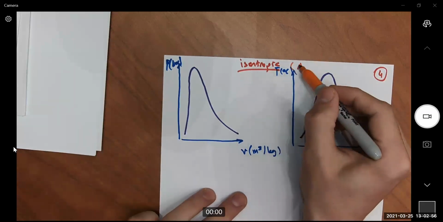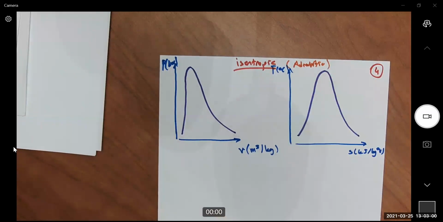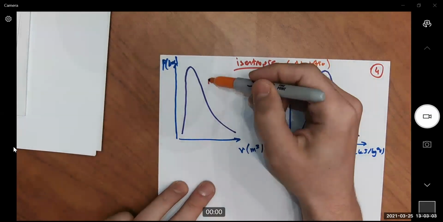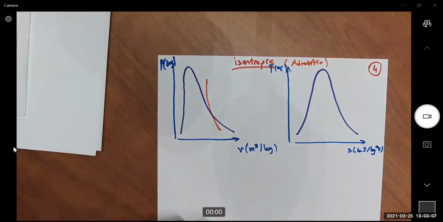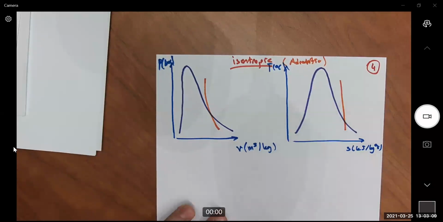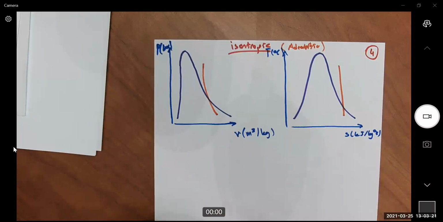So this is also called adiabatic. It is a stiffer curve on a PV diagram, and it will be a vertical straight line on a TS diagram because entropy is constant. Any questions?